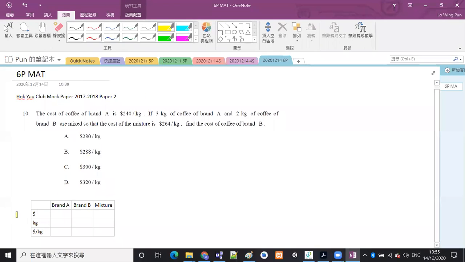First one is $240 per kg. Okay, it is brand A. It's 240.